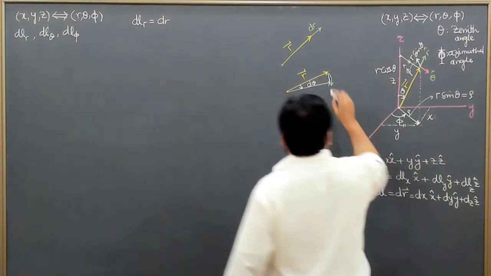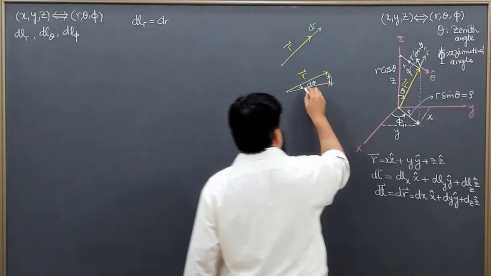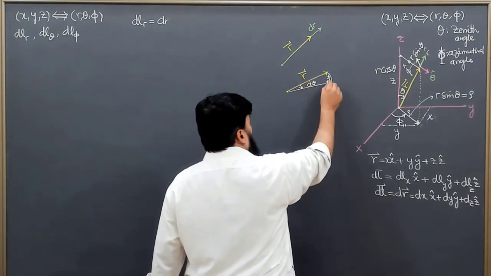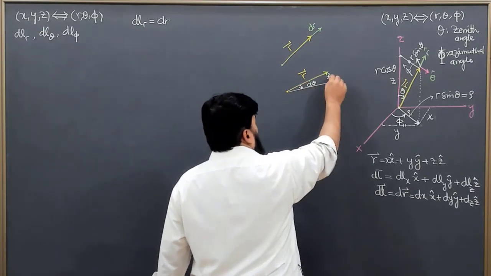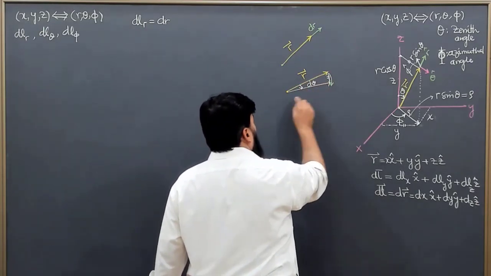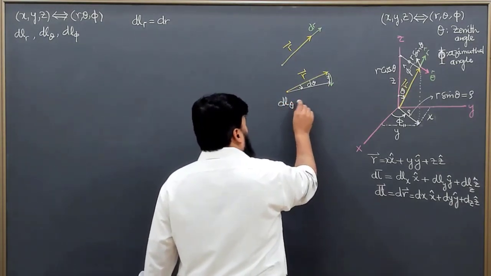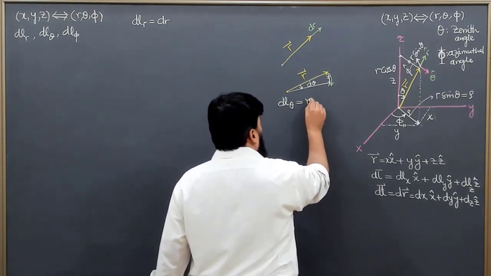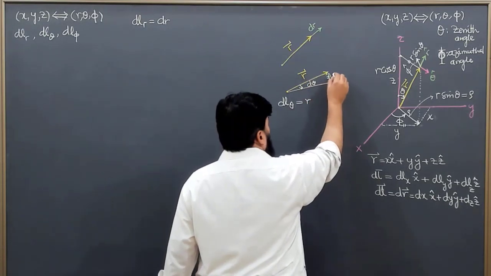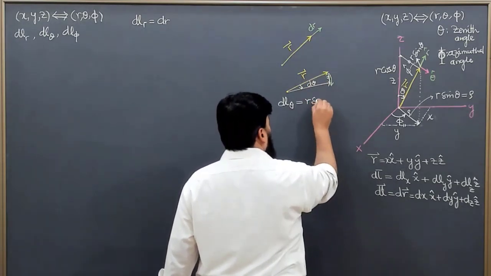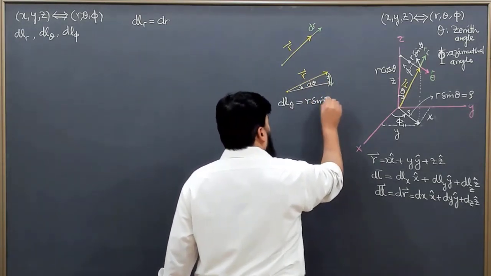So this is the base, this is the perpendicular distance. So dl theta will come out to be r times the sine component, so sine theta.